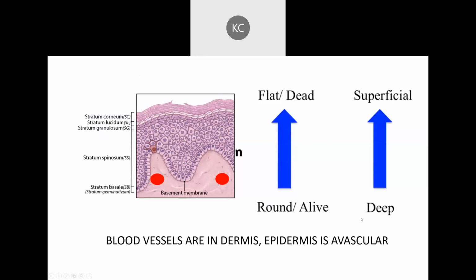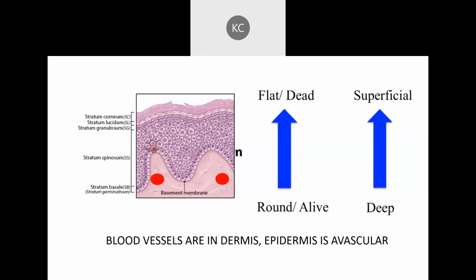So in this epidermis, where we move up and we go from round to live to flat and dead, we have no blood vessels here. Okay, so the epidermis is what's called avascular. Okay, the term "a" in front of a word just means not, or without. So there's no vessels. It is without vasculature.